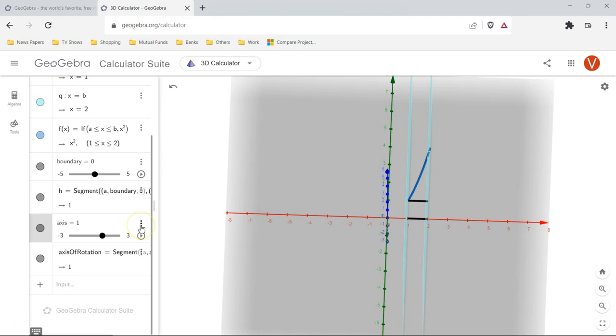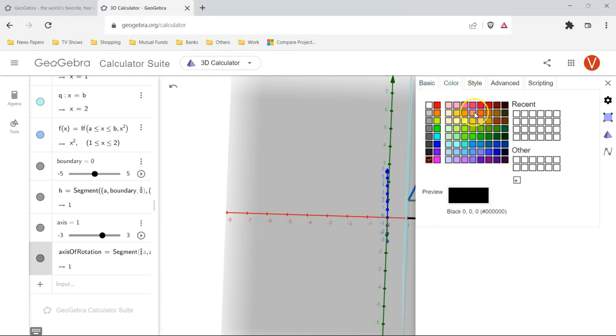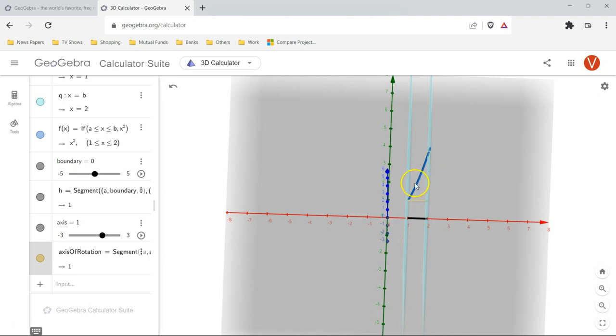Now let's change the color so that we can visually understand this better. So let's say color is, let's say, brown. The curve is dark blue. The axis of rotation is brown.